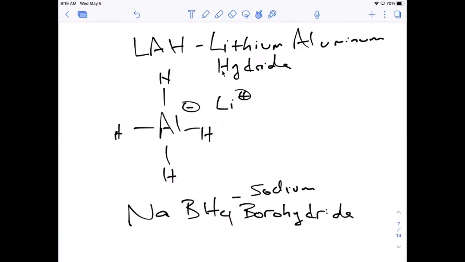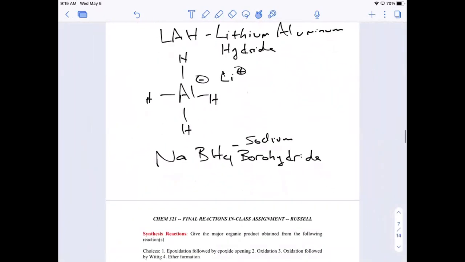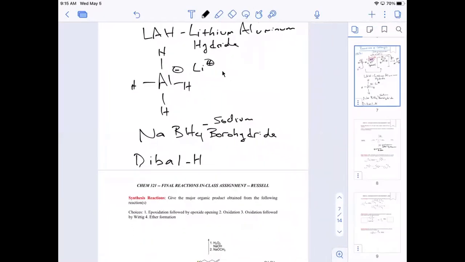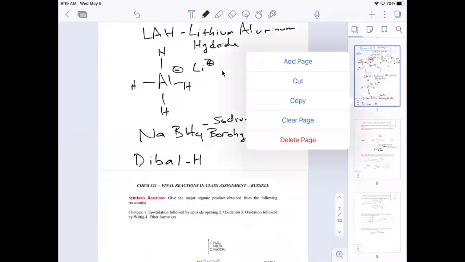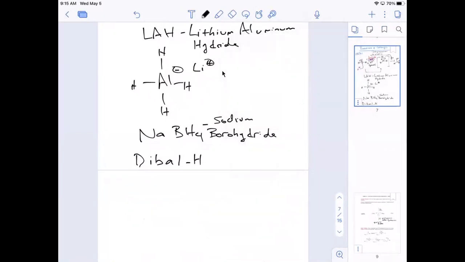So LAH, sodium borohydride, and then there's also another called DIBAL.